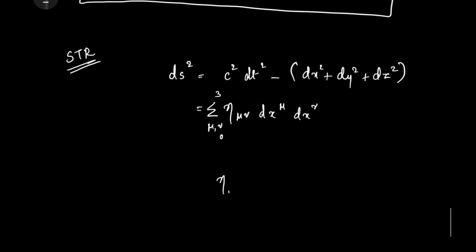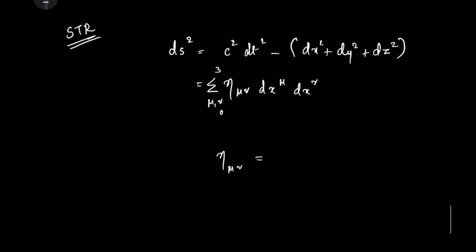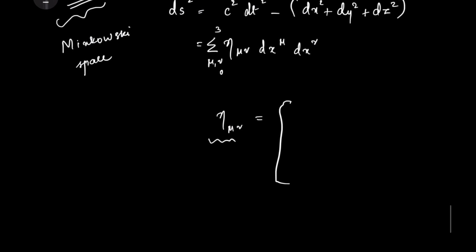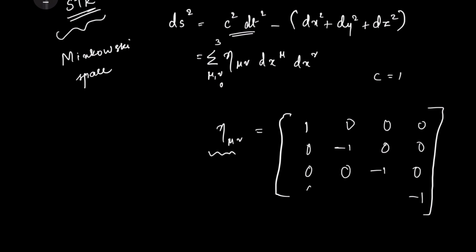So here eta mu nu is the fundamental metric tensor in the Minkowski space. Because we are using the special theory of relativity, it will be a Minkowski space, right? So eta mu nu will be the fundamental metric tensor in Minkowski space, and you can see from this equation, suppose c equal to 1, then it will be 1, minus 1, minus 1 and minus 1. All the others will go to 0, right?